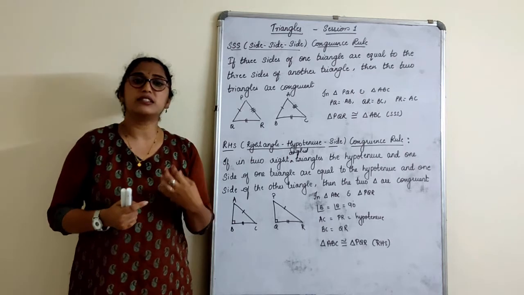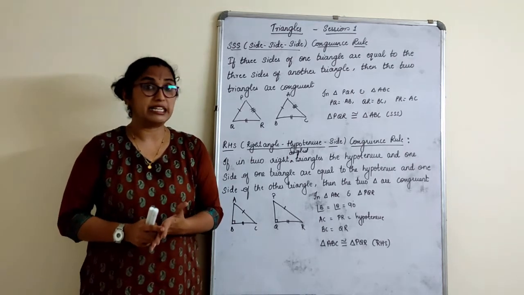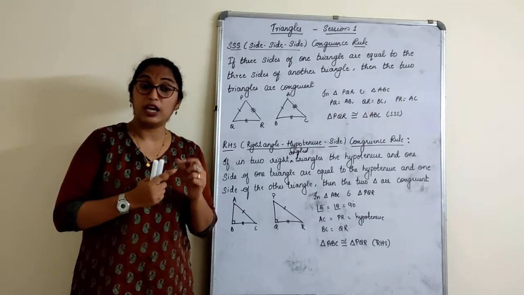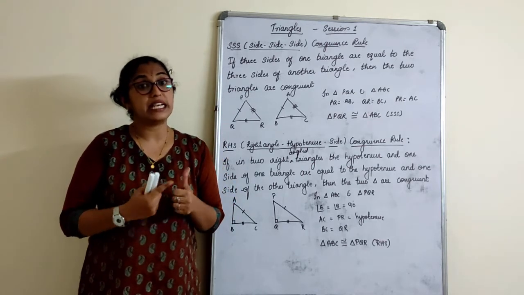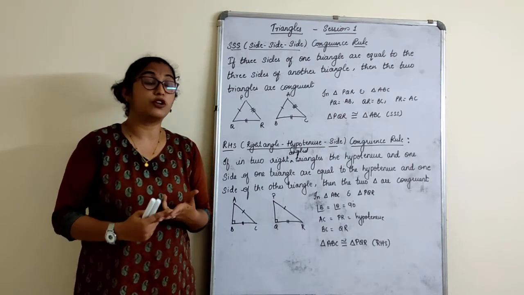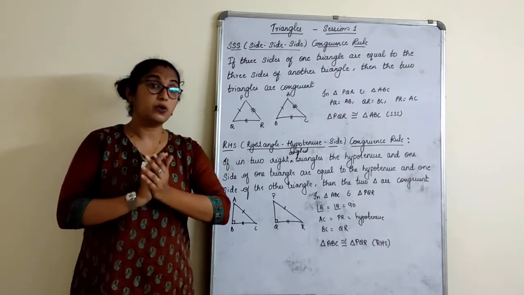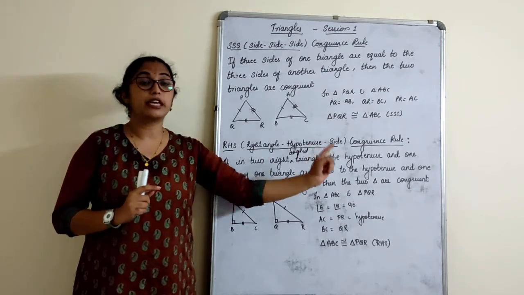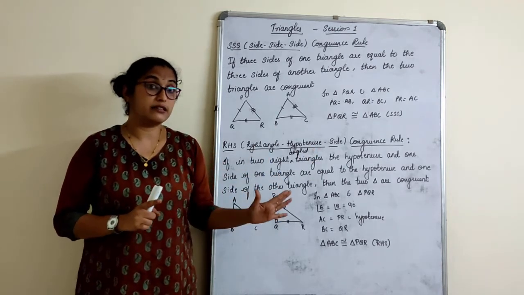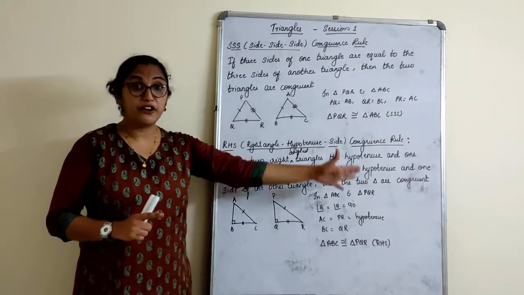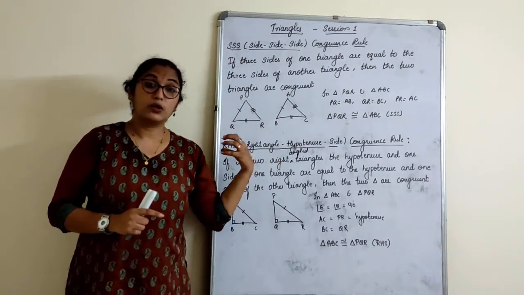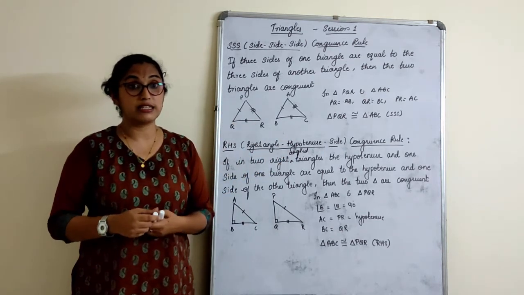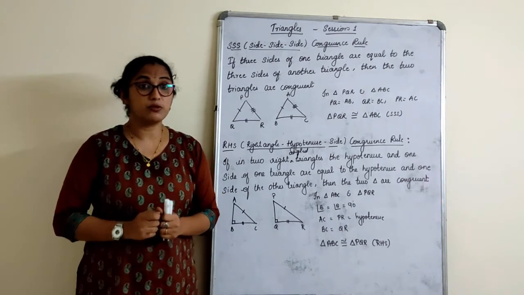In today's session, it's a very small session, but you need to understand the concept thoroughly: what is ASA or AAS, what is SAS, what is triple S, and what is RHS. Because until you understand these congruency criteria clearly, you cannot solve the riders given in the exercises. So first of all, perfect this, understand this, work out some worked examples and see how the congruency is applied. It will be very easy to solve the exercise.